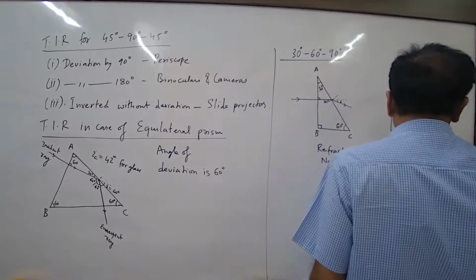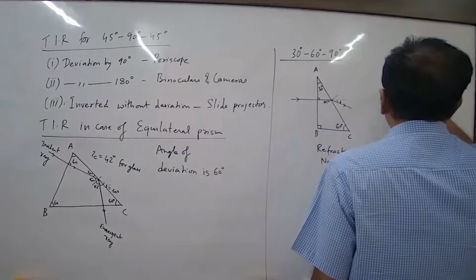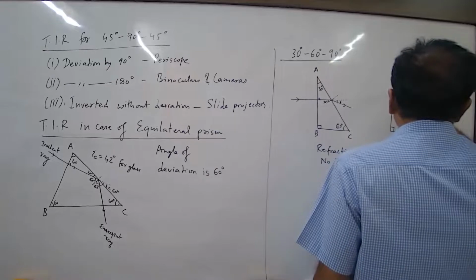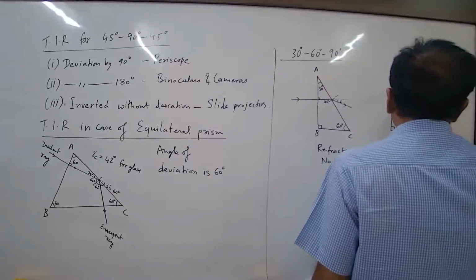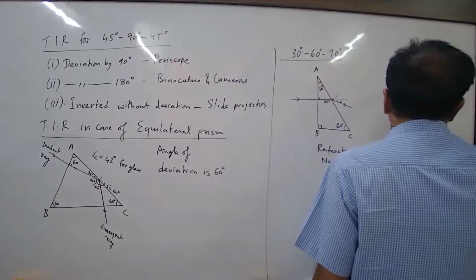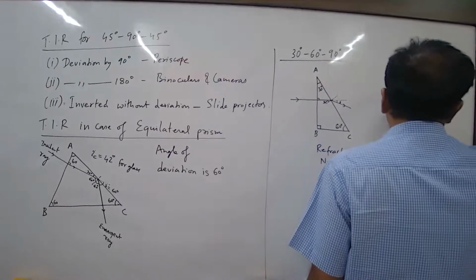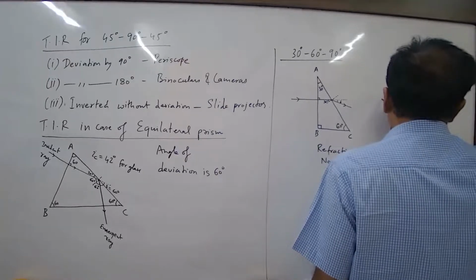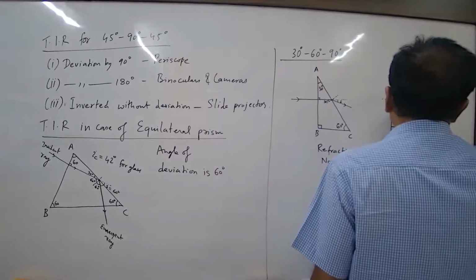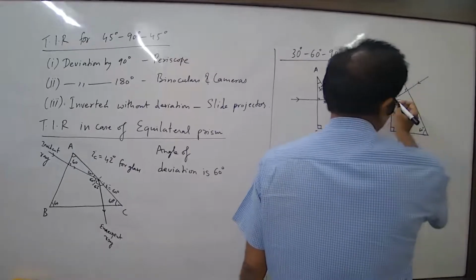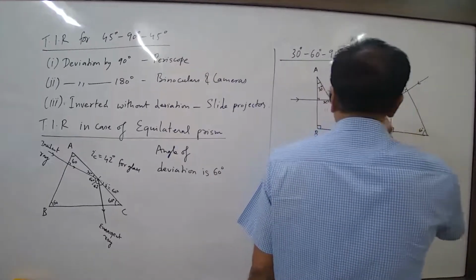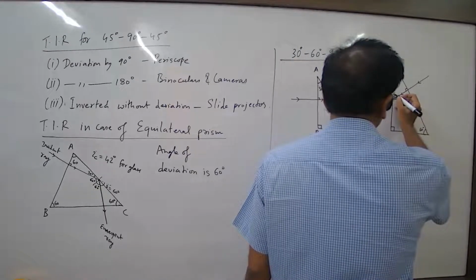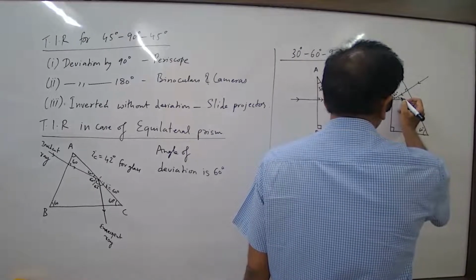This is 60. This is 30. This is 90. It will come here straight. If this is 90, what is normal? So normal is this, angle of incidence is always with normal, right? So this will be 60 then. So this will be 30.